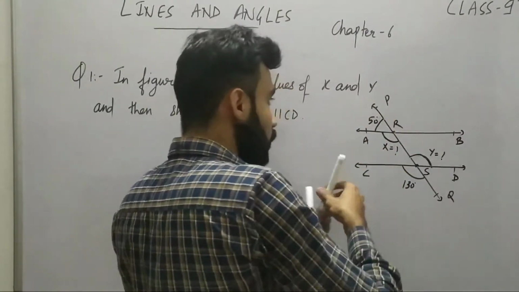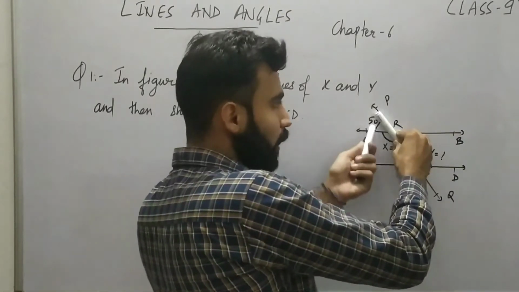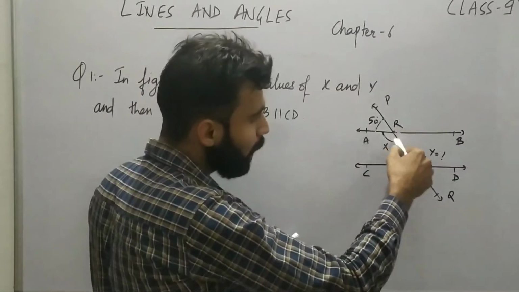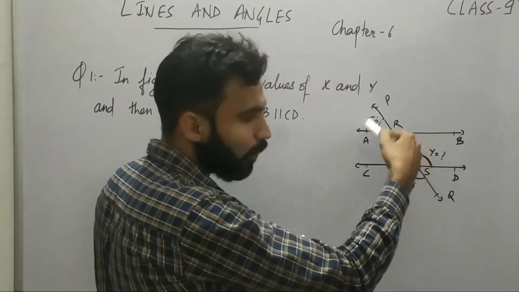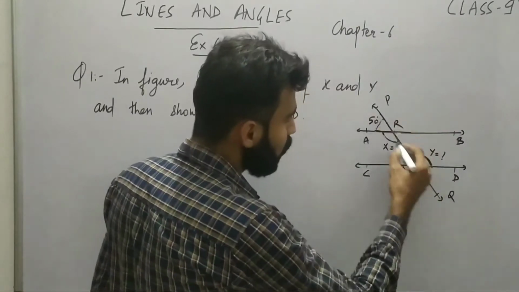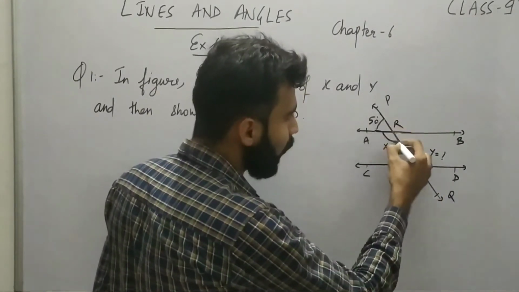So by watching this, you can see here, this is a straight line also, and this is 180 degree angle. Getting my point? So angle 50 and x combinedly are forming 180 degree angle, because you can see both the lines are intersecting each other. So this line is a straight line and this is dividing it into 50 and x.